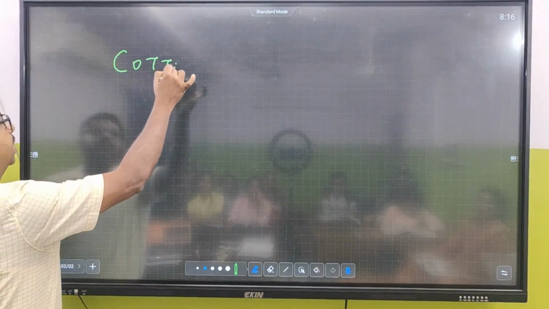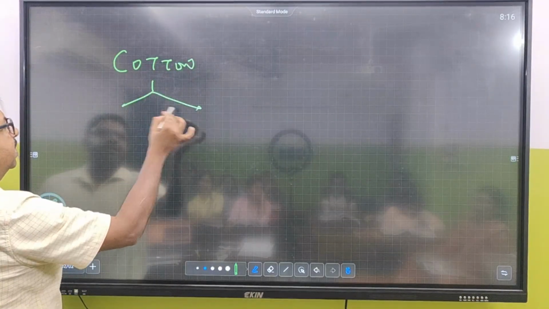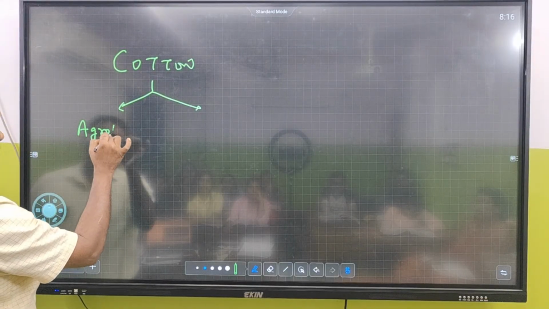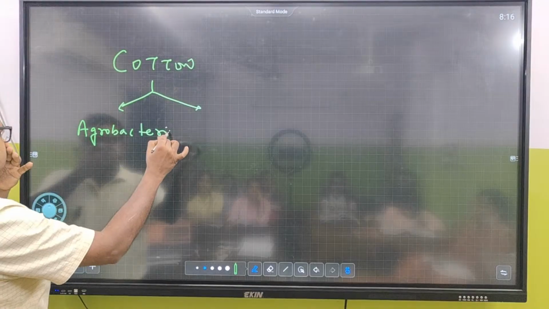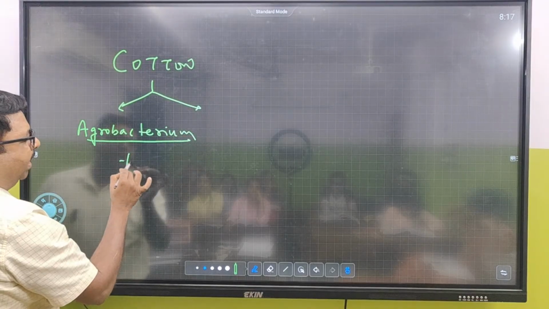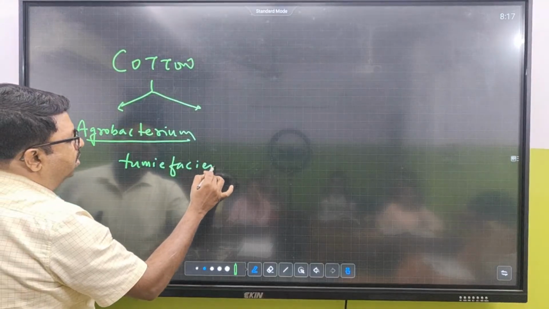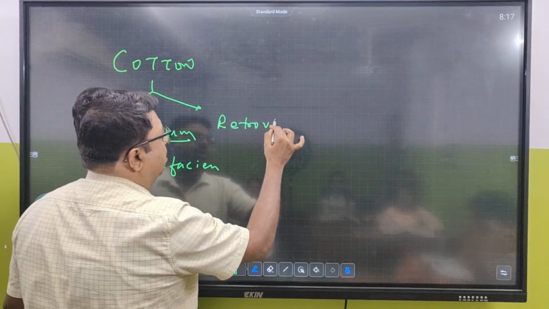How can this introduction be done? The introduction can be done with the help of two types of vector. One is Agrobacterium. In case of a plant cell, the vector can be Agrobacterium tumefaciens, or the vector can be a retrovirus.